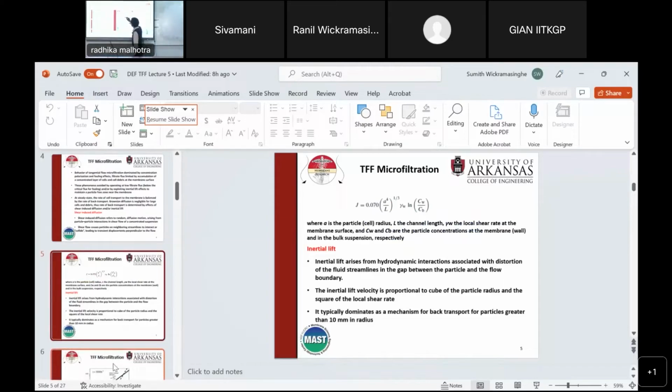So this is due to shear-enhanced diffusion. I give you the red blood cell radius, the length of the hollow fibers, and a wall concentration of 0.98 or something, and CB is what you've got to figure out. That's the bulk concentration. So that gives you the flux.